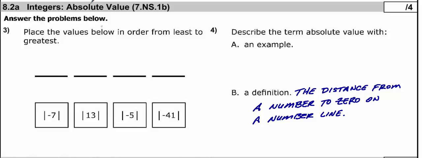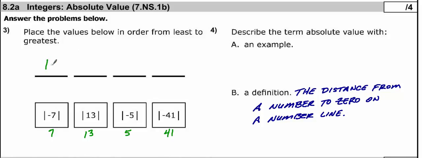So for each of these, when we're figuring their absolute value, the distance from negative 7 to 0 on a number line is 7 spaces. The distance from 13 to 0 is 13 spaces. The distance from negative 5 to 0 is 5 spaces. And the distance from negative 41 to 0 is 41 spaces.